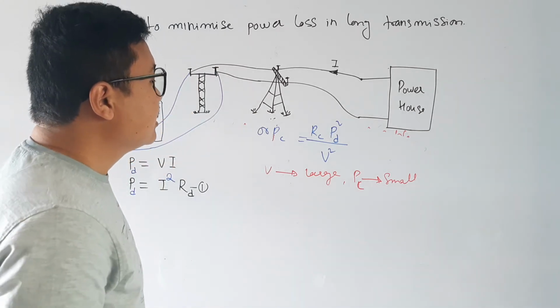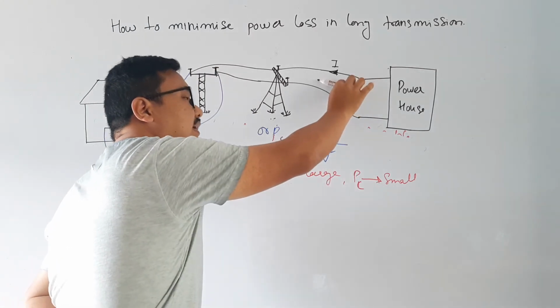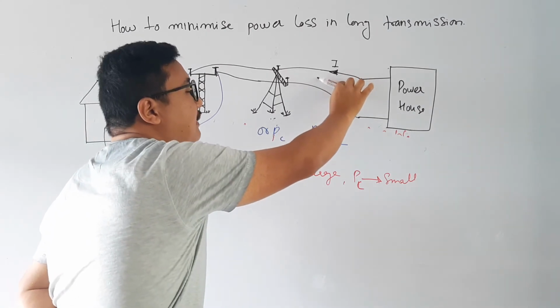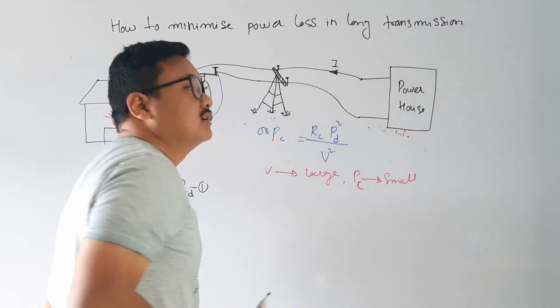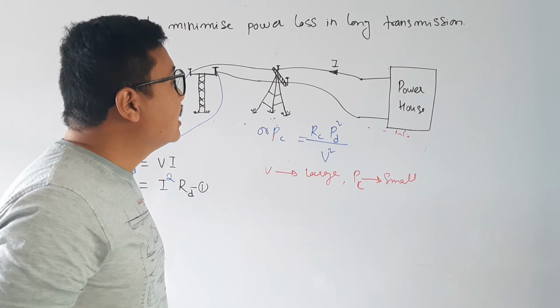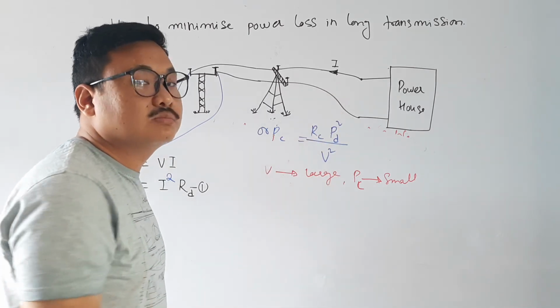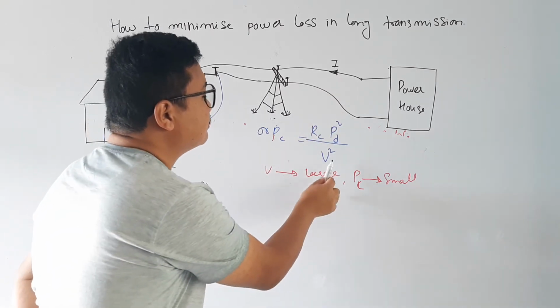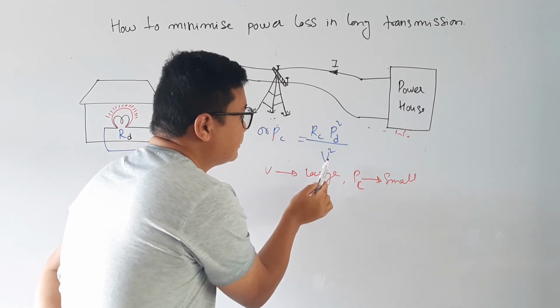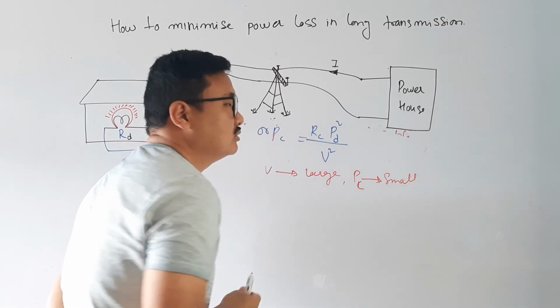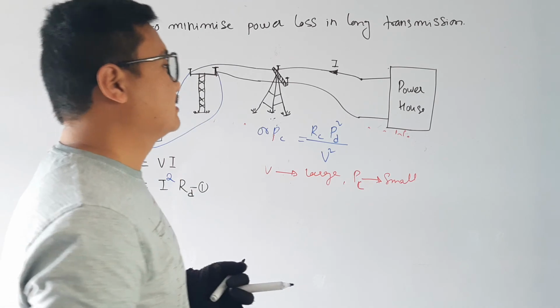That is why, if we want to make the power loss of the cable very low, we have to make the voltage very high. If we make this voltage high, this power will become very small.